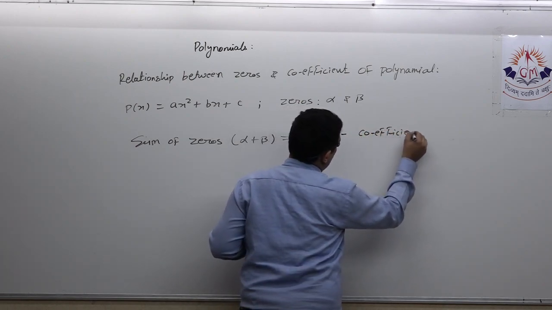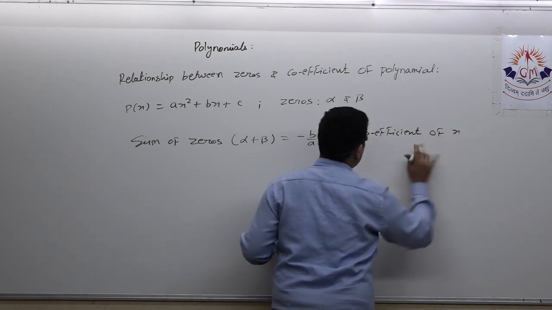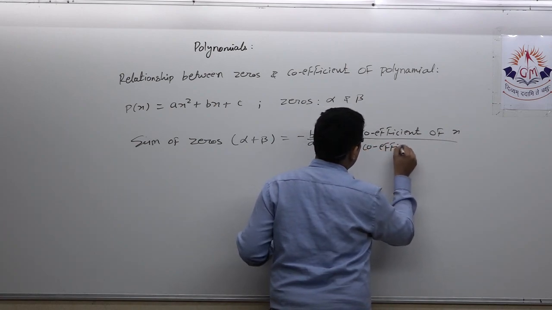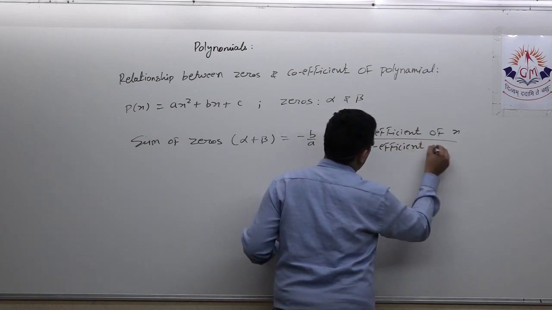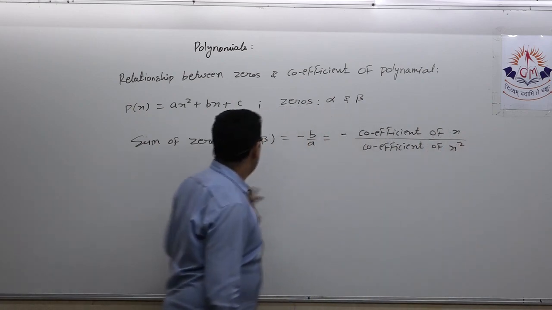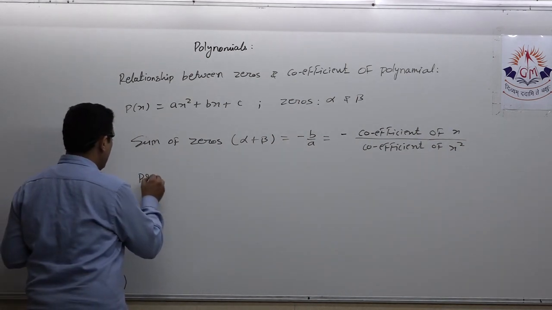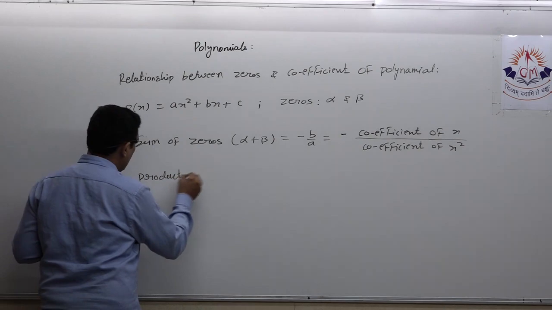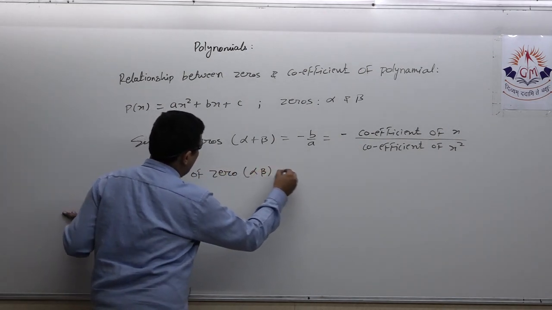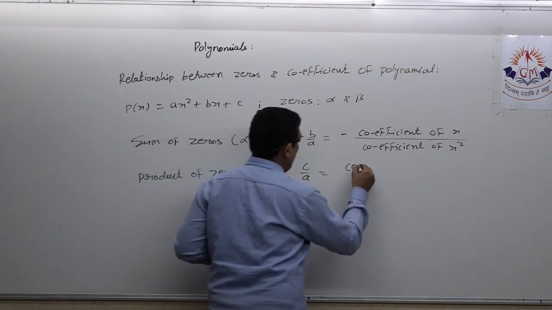coefficient of x upon coefficient of x square, that is the sum of zeros, minus b upon a. Now second is the product of zeros. Alpha beta is given by c upon a, that is constant term upon coefficient of x square.